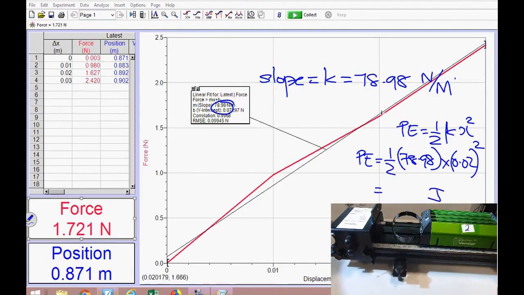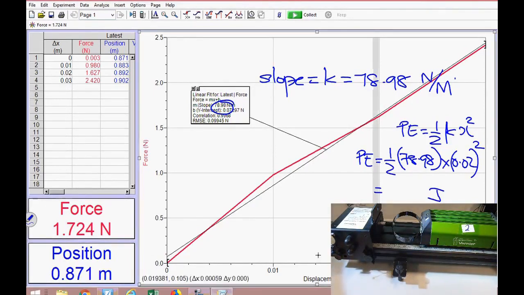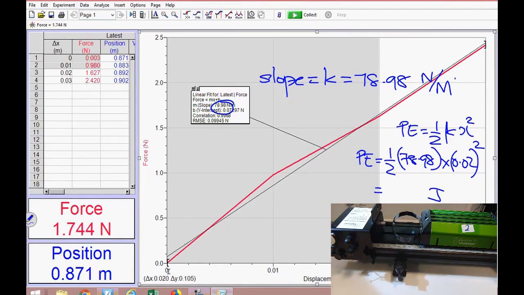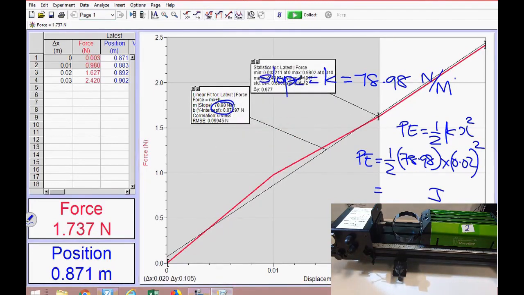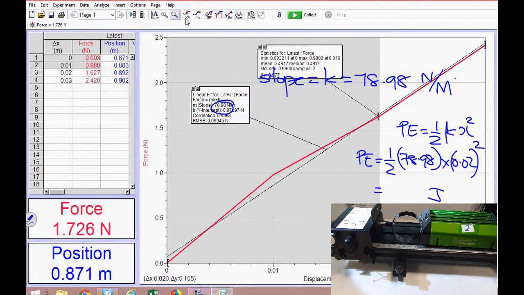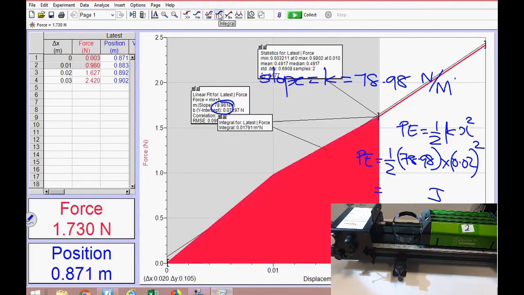The same potential energy I can get by selecting the area under the curve up to this displacement. So I select this area, and we have an option here. We can integrate the function over the limit 0 to 2, and definitely the area under the graph represents the potential energy.